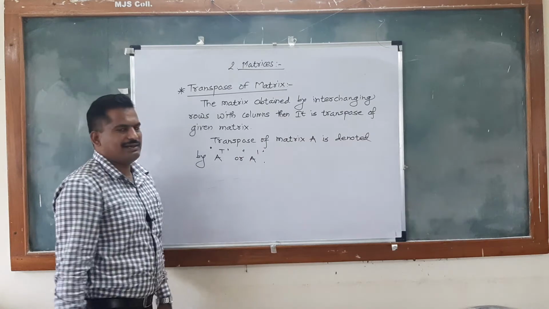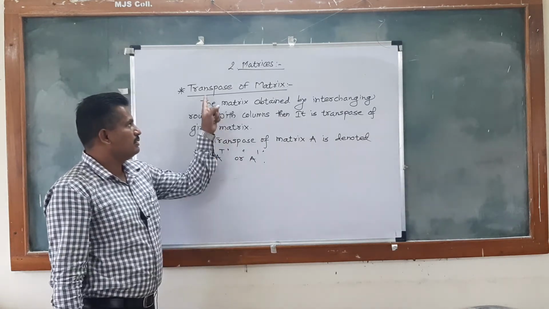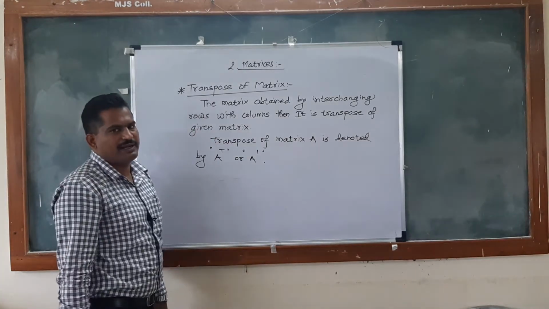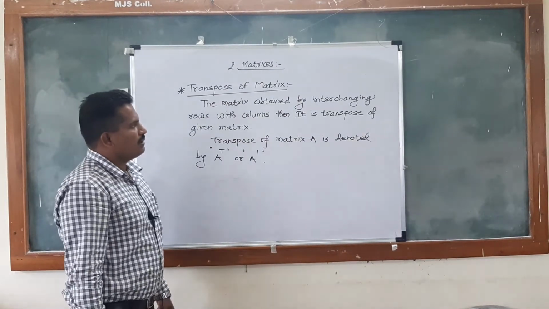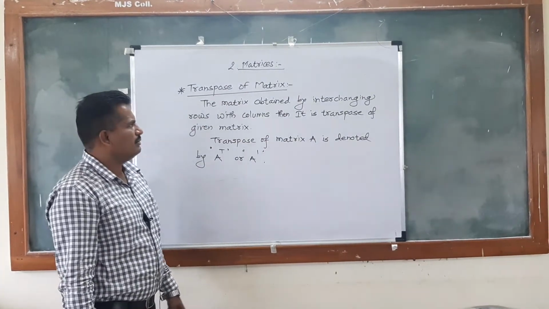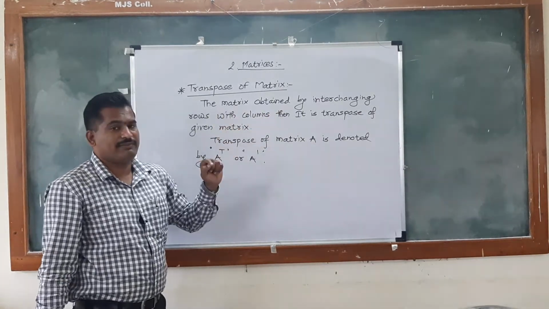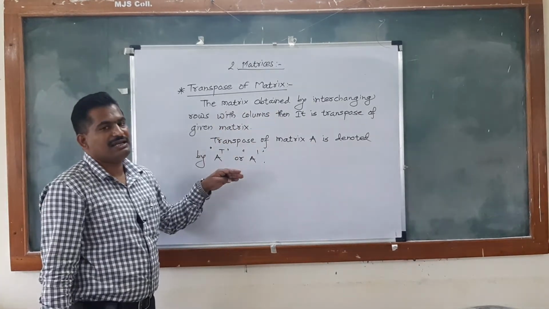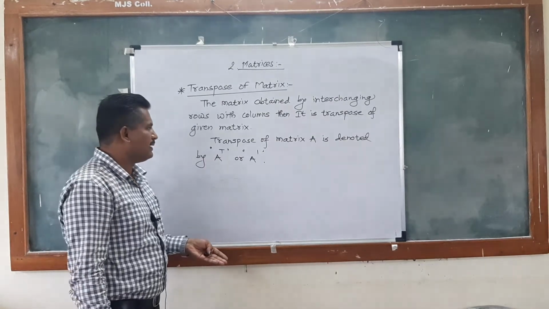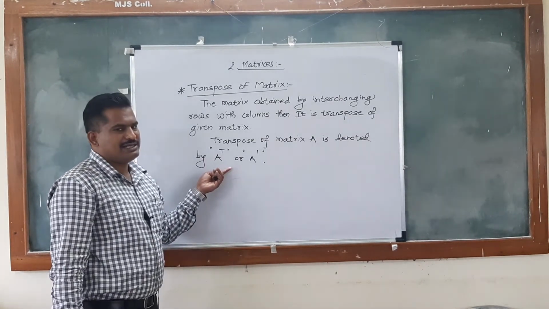Both symbols represent the transpose of a matrix. It is very simple. The matrix obtained by interchanging rows with columns is called the transpose of the given matrix. Its symbol is A raised to T or A dash.